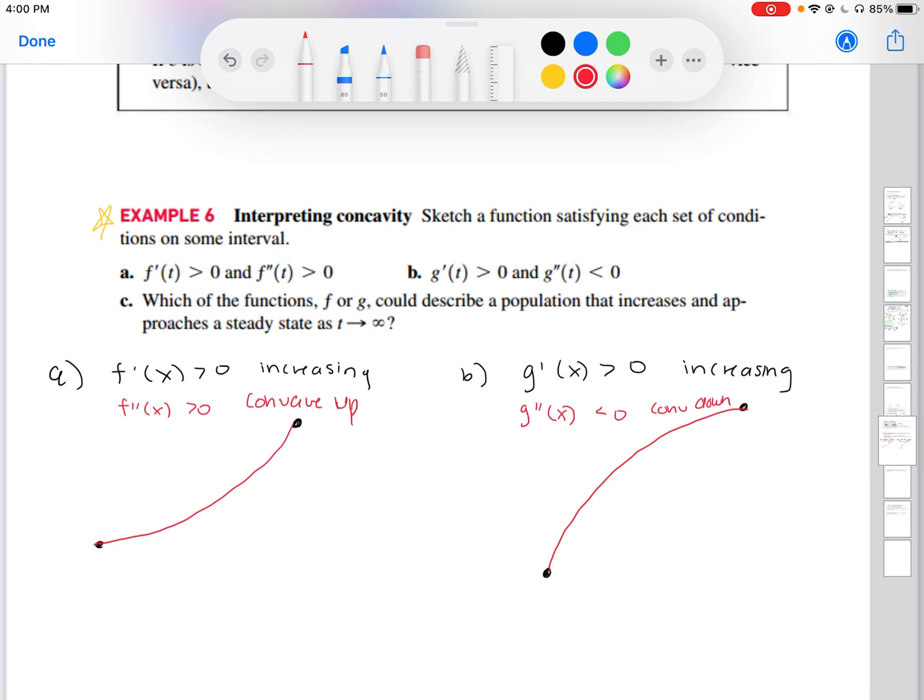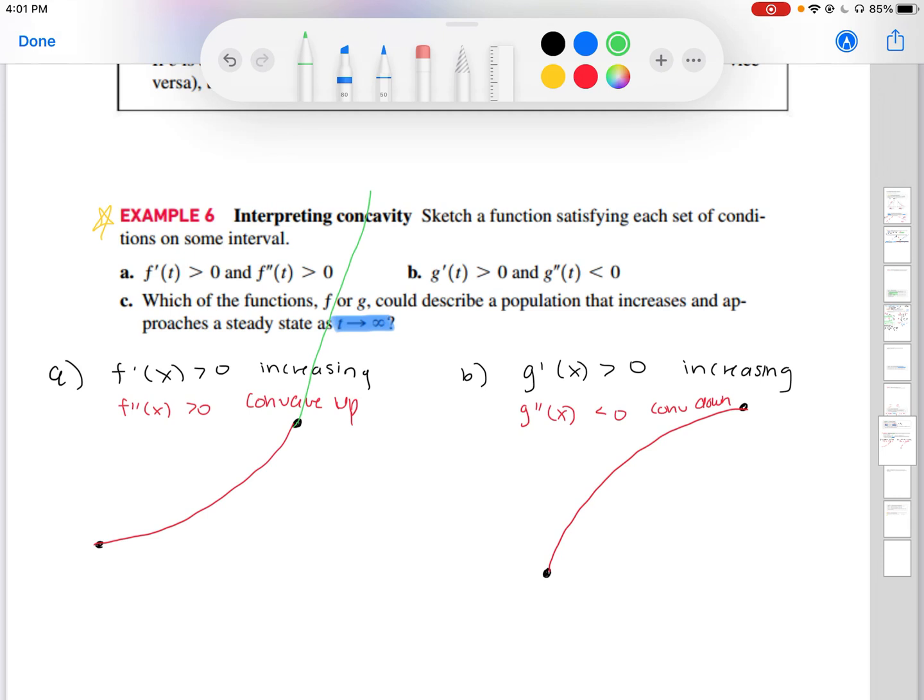Now C, which function f or g could describe a population that increases and approaches a steady state as t equals infinity? All right, so for t equal infinity, if you recall chapter 2, way back when, it would be when we're approaching some type of horizontal asymptote. So if we take a look at these two graphs, the first one is going to keep going up, up, up forever.